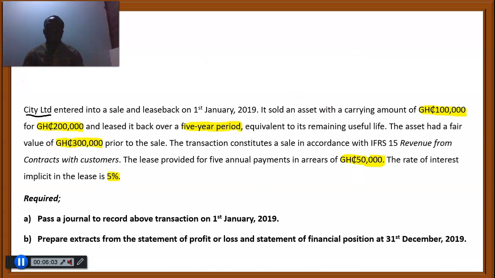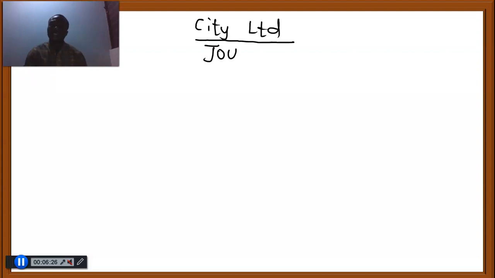Alright, so in A, we are required to pass a journal to record the transaction. So let's prepare the journal. The name of the company is City Limited. Then we are preparing a journal for City Limited.